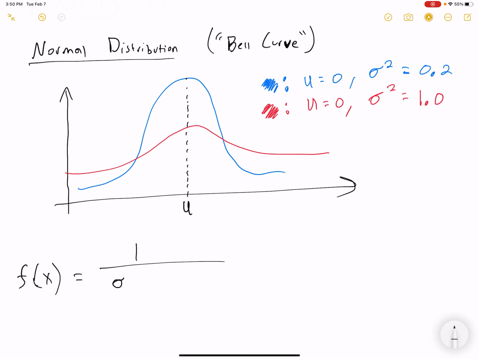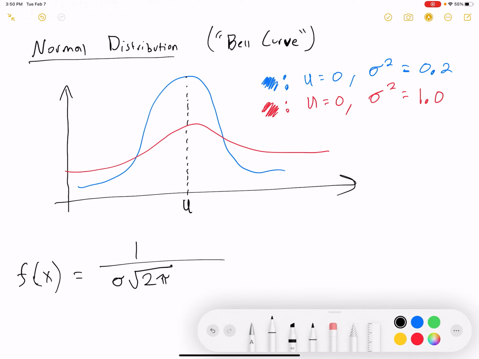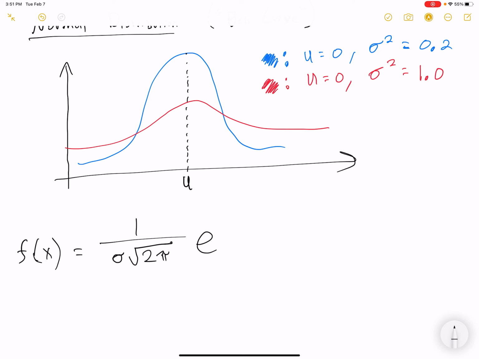So it's a really ugly equation that kind of doesn't matter, and I was hesitant about doing this with y'all, but I guess to have a thorough machine learning class, we have to do it. I won't quiz y'all on this or anything. So this is the equation for a normal distribution.